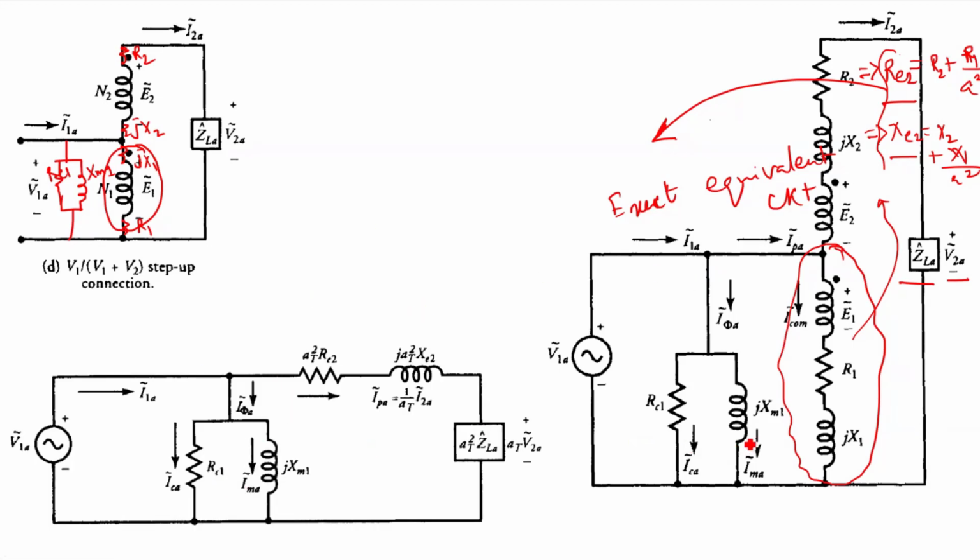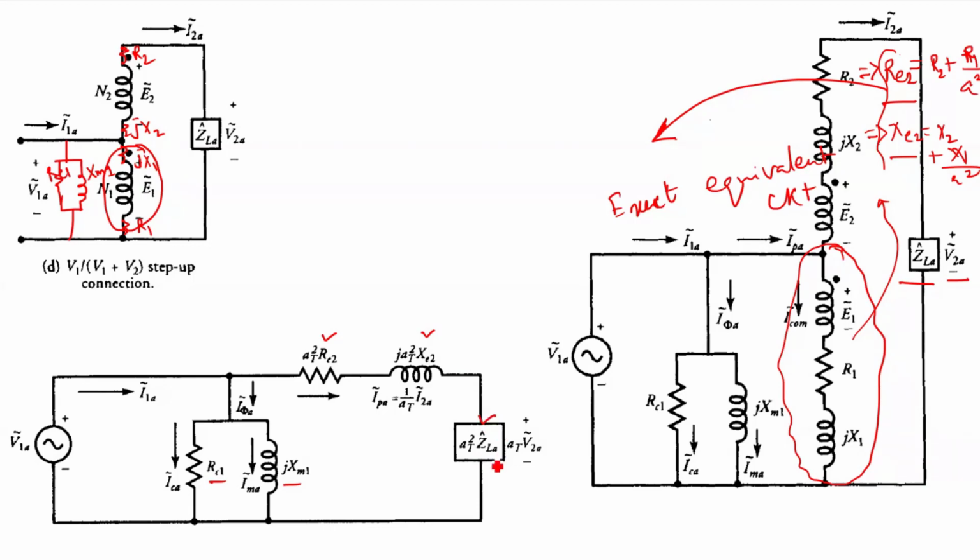So RC1, XM1 are already there in the primary side, and if I refer this RE2 and XE2 to the primary side, I have to multiply with AT square. That will become AT square RE2, and jAT square XE2. Similarly, if I refer ZLA to the primary side, I multiply AT square.